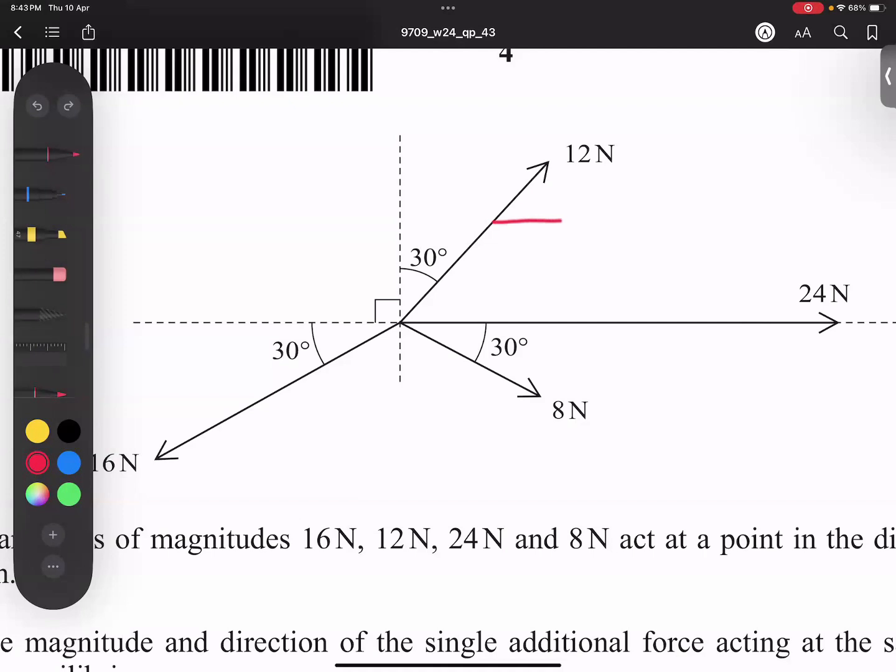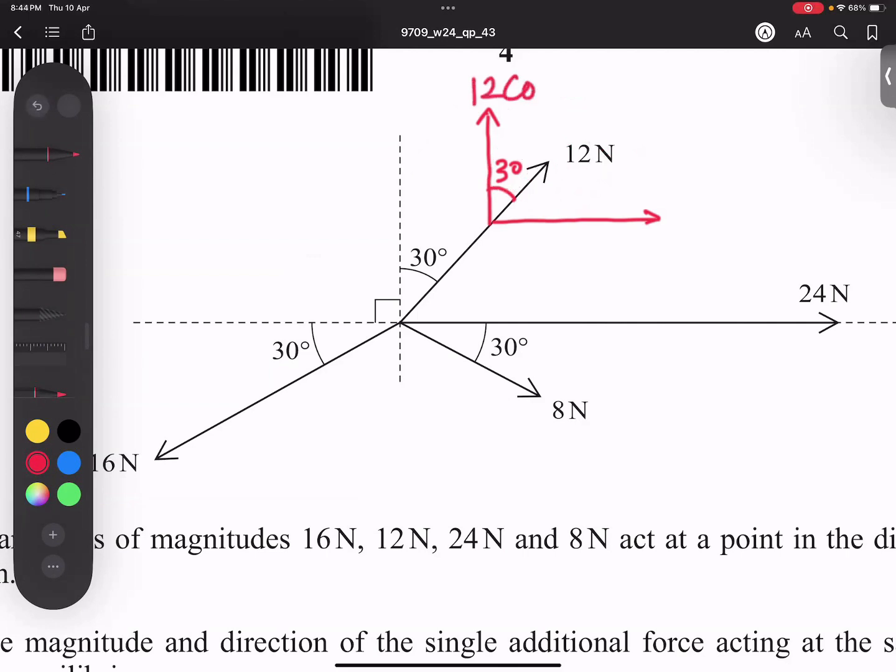So I will resolve this. If you want to use this 30, no problem at all. Or out of 90 degrees, subtract 30, and we get 60. You can use 60 or 30, same answer, but I'm using 30 as usual. Where the angle is given, the force has a cos component and a sine component.